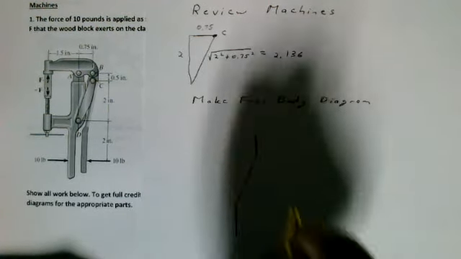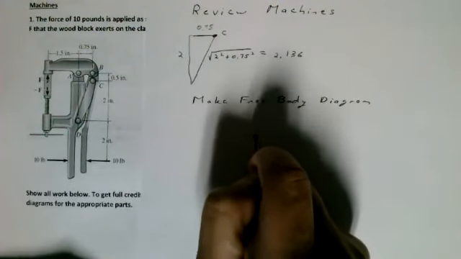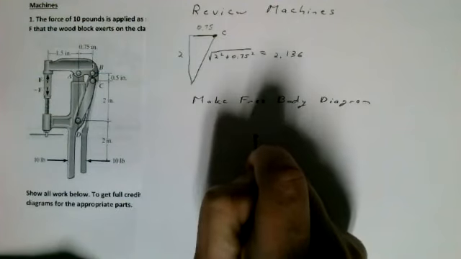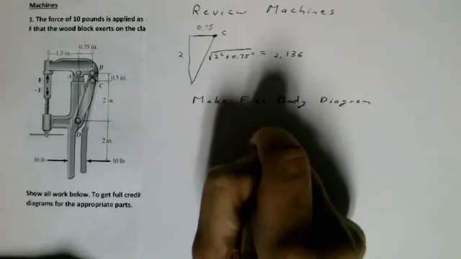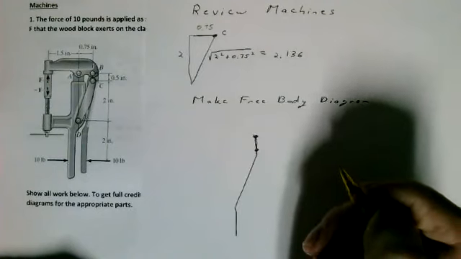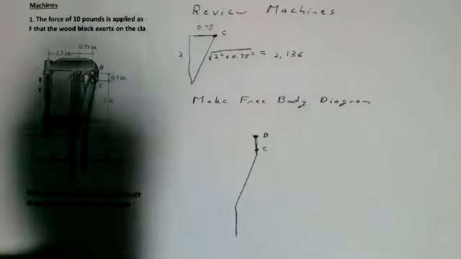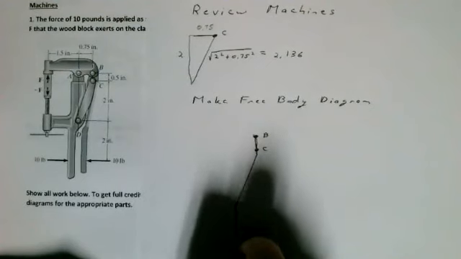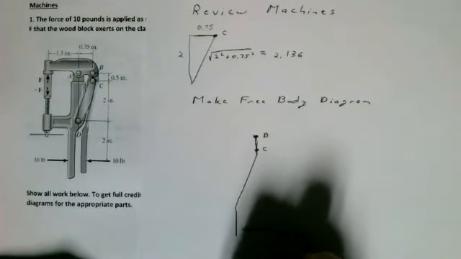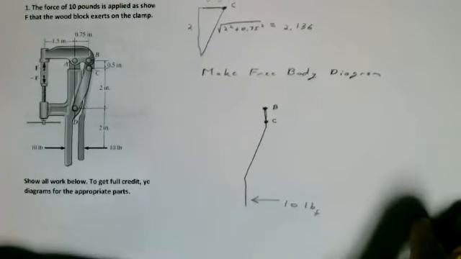It looks something like this, where this is going to be point B, and point C is over here. So this is B, and this is C. And then this 10 pounds force is down here, like this.